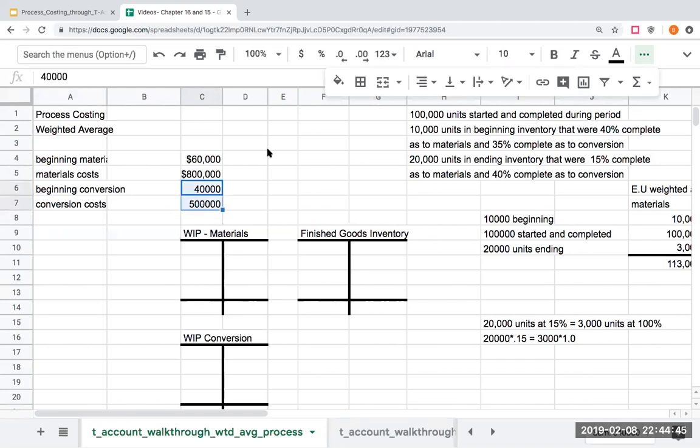Okay, so what we have here is that when I'm looking at my work in process accounts, what I'm really trying to do is I've got 60,000, 800,000, here I've got 40,000, and then here I have 500,000.